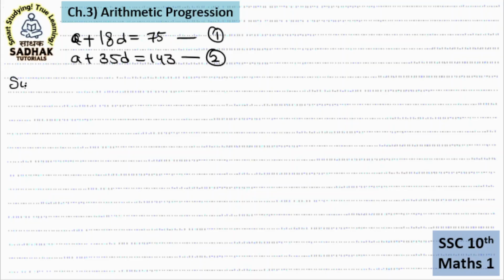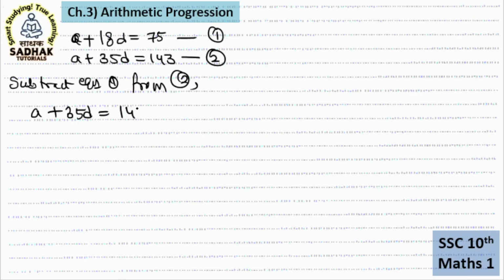So let us subtract equation 1 from equation 2. So A plus 35D is equal to 143, minus A plus 18D is equal to 75. So all the signs are going to change.